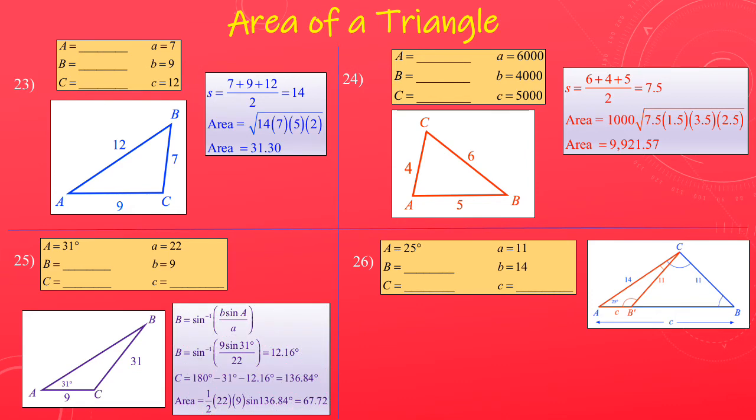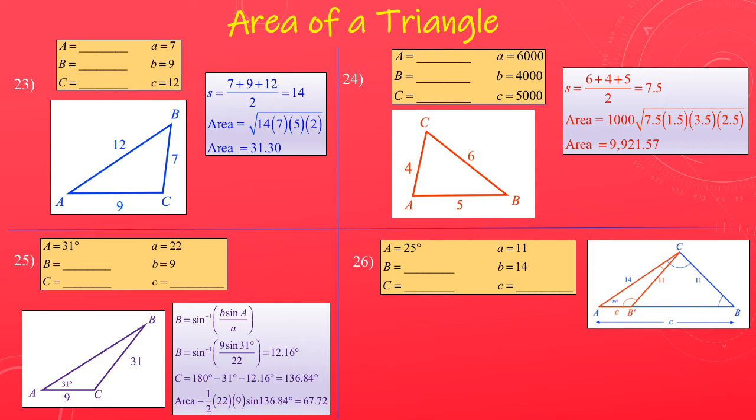We do not have the correct information to use either the SAS area formula or Heron's formula. So we will try to find angle B. And we get angle B is equal to the inverse sine of b sine A over a, or the inverse sine of 9 sine 31 degrees over 22.